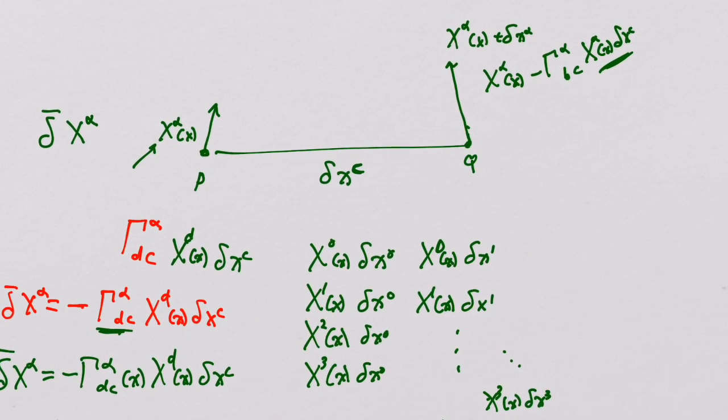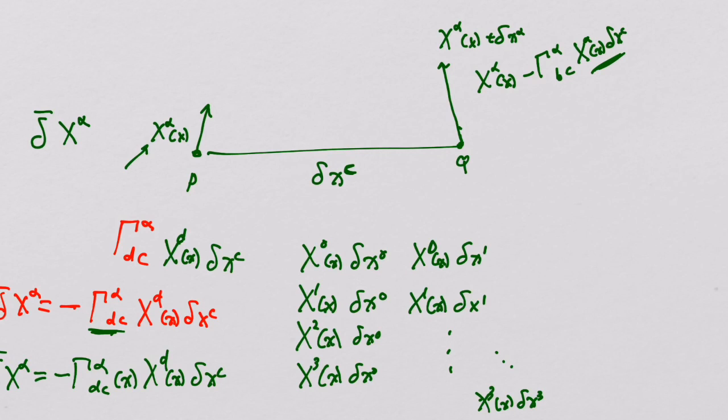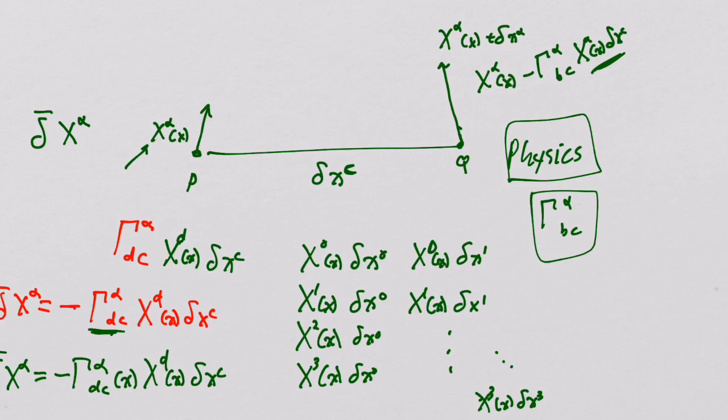We need this affine connection to make sense of parallelism. Well, where do we get that from? So the answer is that ultimately, physics will give us this connection, one way or another. Physics gives us the metric, and the metric will give us the connection. That's ultimately where we're going with all of this.